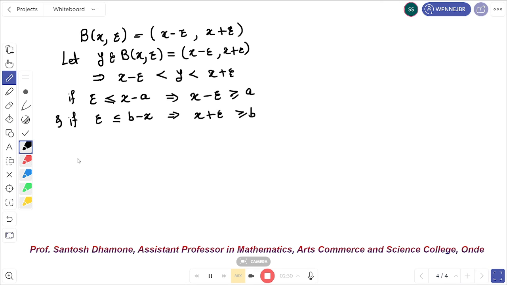Okay, we draw a line. This is the line x1 plus x2 is equal to 4, and our region is x1 plus x2 less than 4.